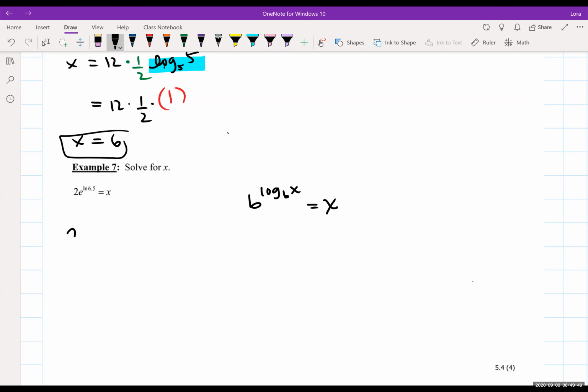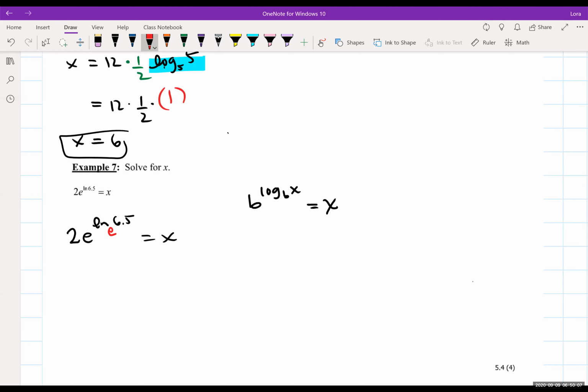I still have the 2 that's there. I have base of e, natural log of 6.5, still equal to x, so that we can make this match a little bit more. Remember, I can write that little base in for the natural log.